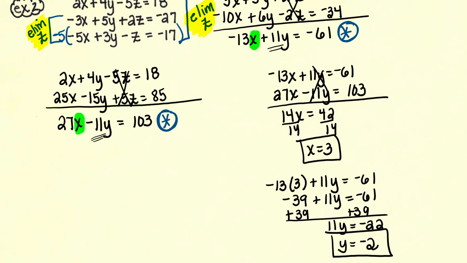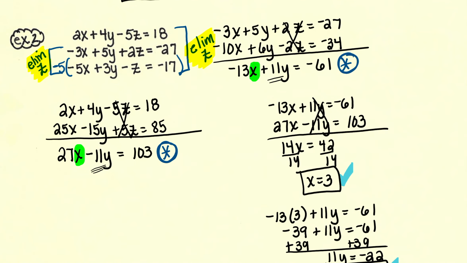Now, just as before, we're going to take this x and this y and go back to one of the original equations. Again, completely your choice. I believe I'm going to go to this bottom equation, and I'm going to put the 3 in for the x, and the negative 2 for the y.